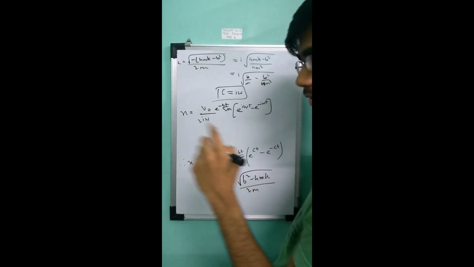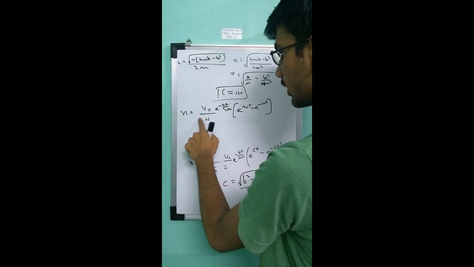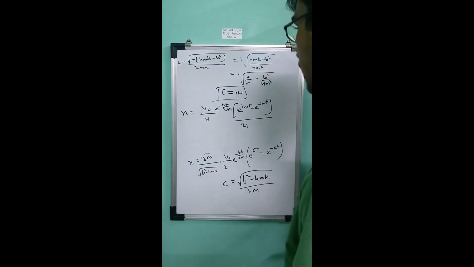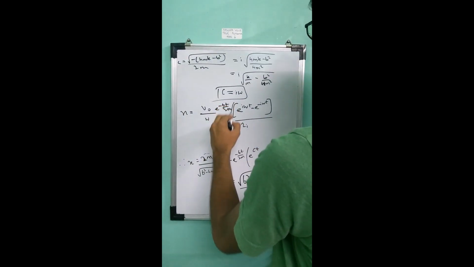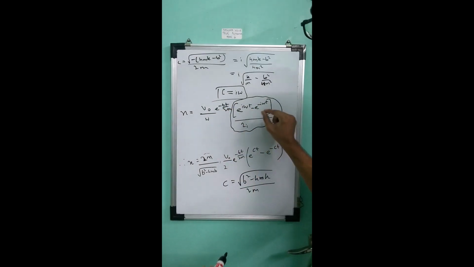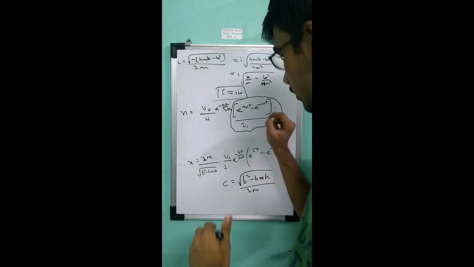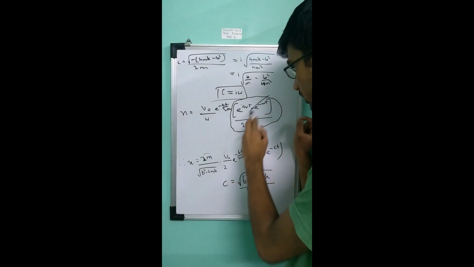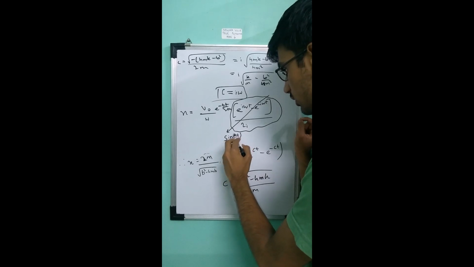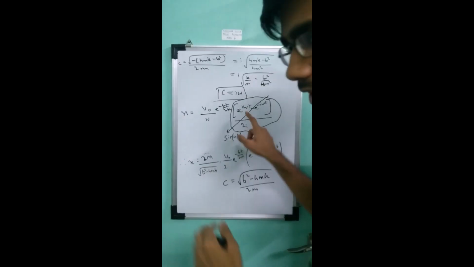Now what I'll do is, I'll bring the 2i here. Now this is the magic here. This is the real magic. What does this look like to you? If you know a bit of complex numbers, you'll get to know that this is sine omega t. You can check. You can apply De Moivre's theorem.